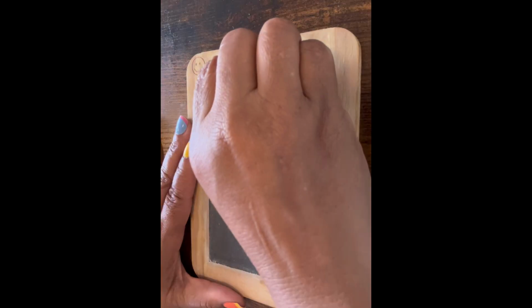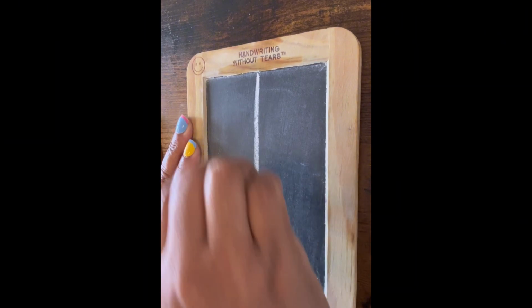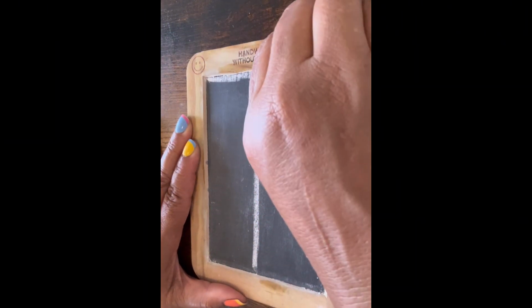So the way you write these letters: big line down, little line. And that little line goes across. The letter T: big line down, bump, back up to the top.